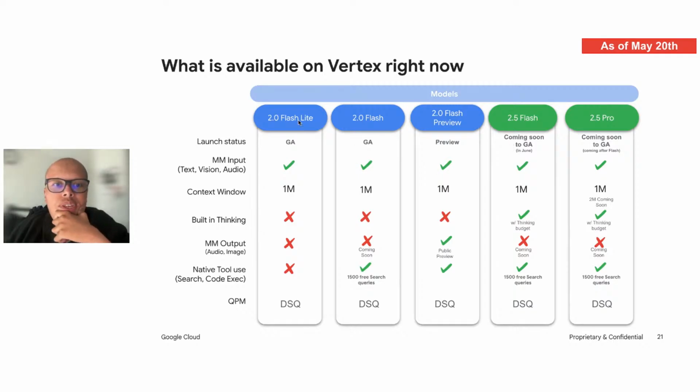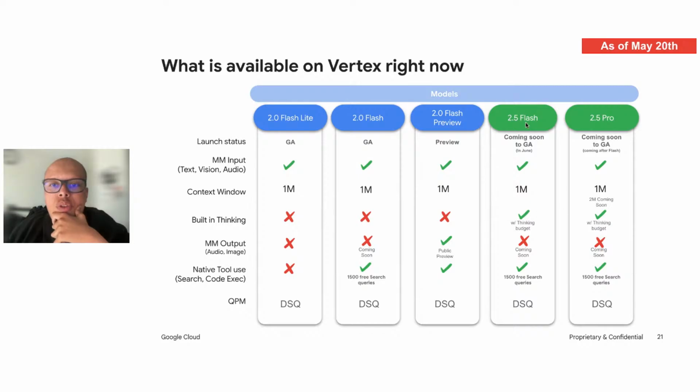So we have the Gemini 2.0 model family, and then the 2.5 Flash. So multimodal input like text, vision, audio is available everywhere. Context window for all these models is 1 million. 2 million is coming soon for the 2.5 Pro.